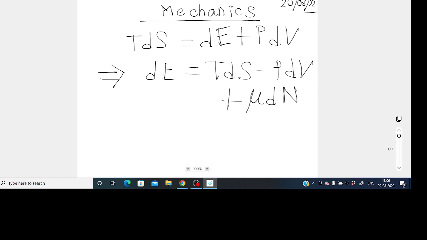Now what is mu? Mu is the chemical potential and N is the number of particles.